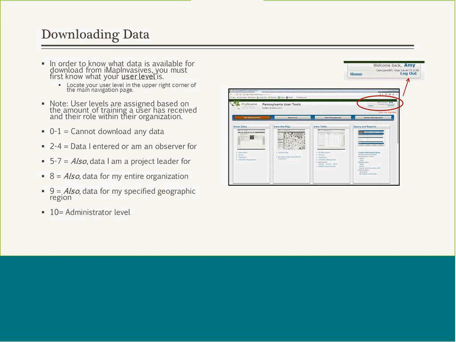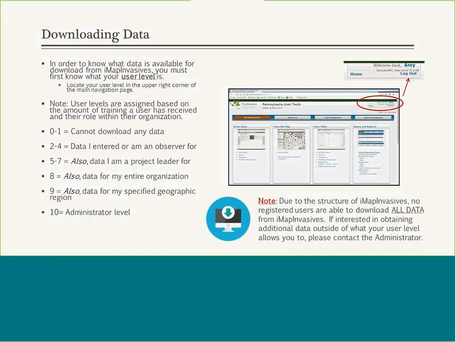There are only 3 of us that have that, and you know who they are. Anything more than that is pretty high up; I'm only a level 10, so anything more than that, I can't tell you. But due to the structure of iMapInvasives, you'll never be able to download all data. I mentioned this at the beginning of the training, and I just want to mention it one more time.